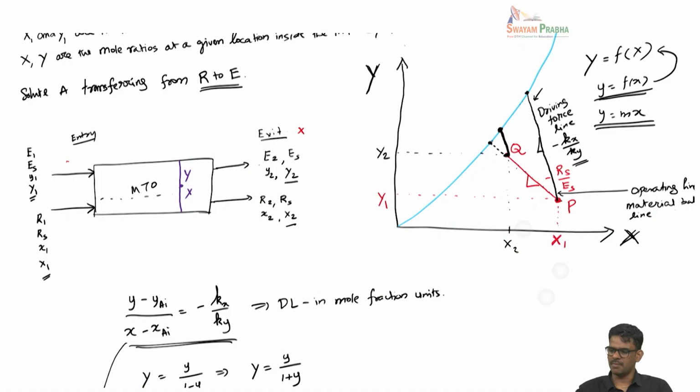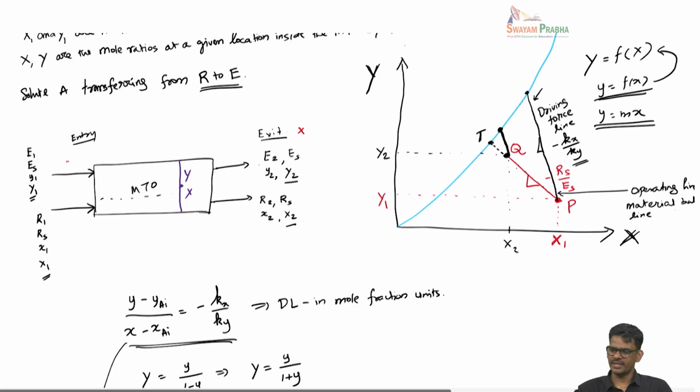That means if you have an infinitely long mass transfer operation, the exit composition might reach the equilibrium composition also. We will call this point T. Because of the finite size of the equipment, you might end up somewhere here, but if you keep extending the size of the equipment, you can in principle go to this equilibrium line.